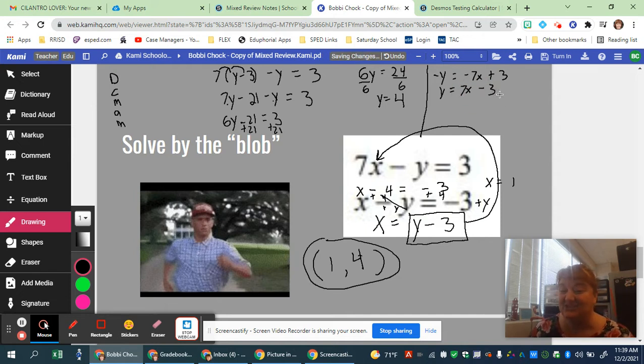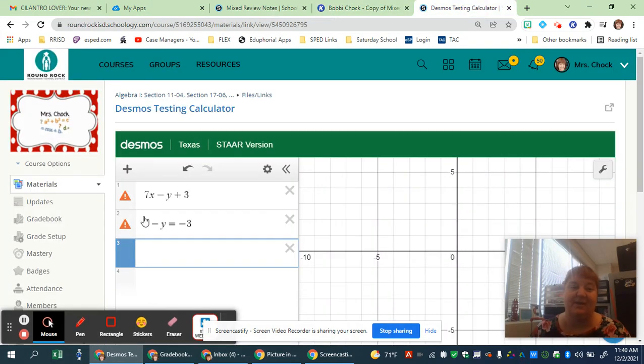Now I'm going to do the other one. I have negative y equals negative x minus 3. Then get rid of that negative, so that changes everything on this side. y equals x plus 3. Now I'm going to put in 7x minus 3 and x plus 3 and I want you to see what happens. It didn't work with these.